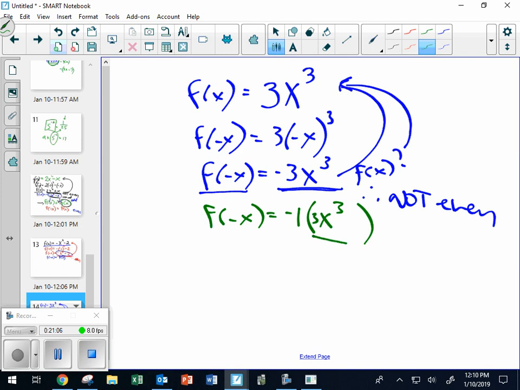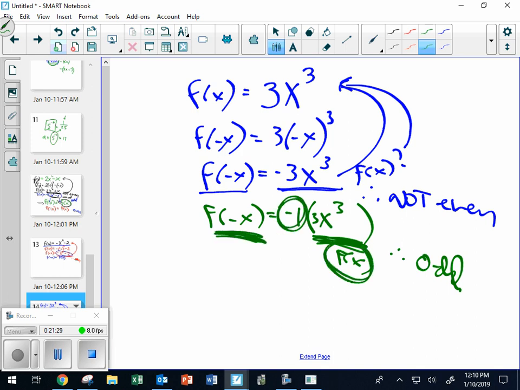And is that f of x? Yes, it is. Yep. So negative 1 times, is this f of x? Yeah, that is f of x. Yes. So, therefore, this is odd. Because f of negative x is equaling negative 1 f of x. And that's the odd rule.